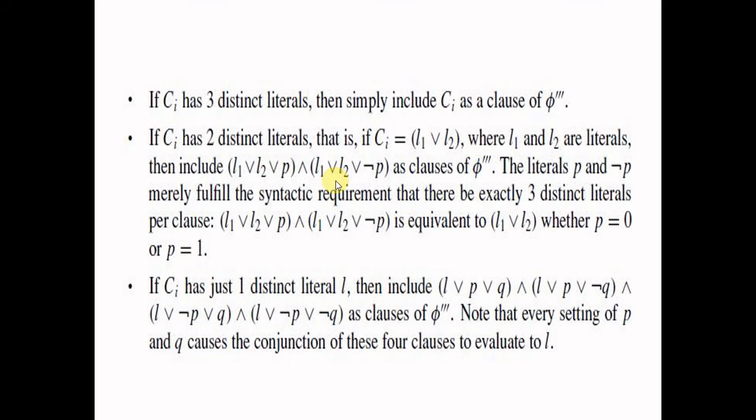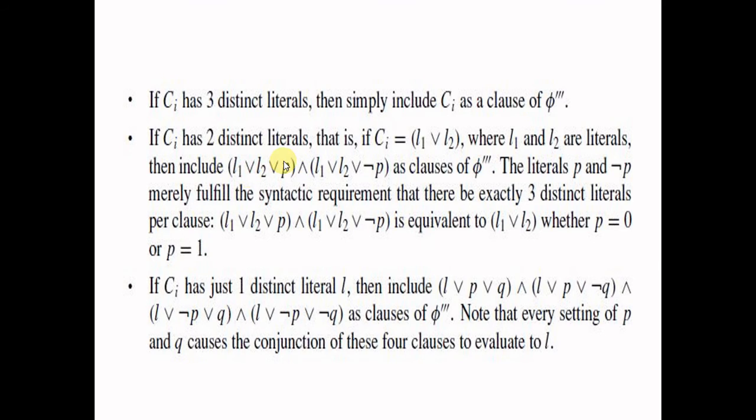So it doesn't have much meaning, but it is just for fulfilling the syntactic requirement, that each clause should have exactly 3 distinct literals. So we are including P and negation P, and it is equivalent to L1 or L2, whether P is equal to 0 or P is equal to 1. It is irrespective of this term, we will get L1 or L2.